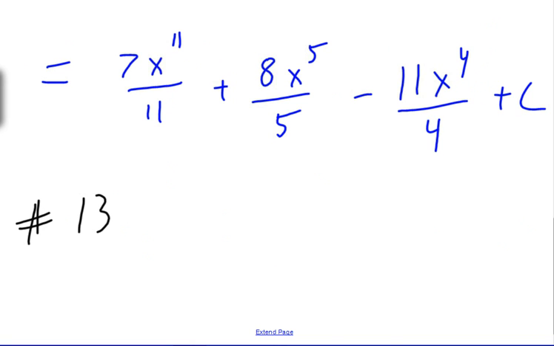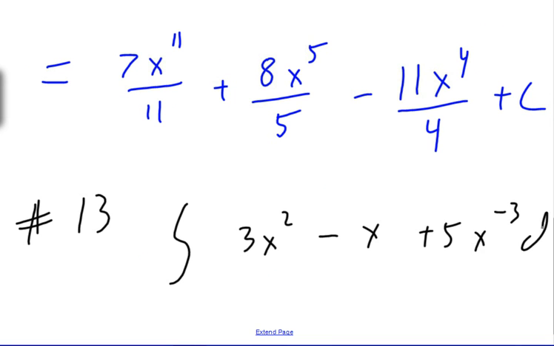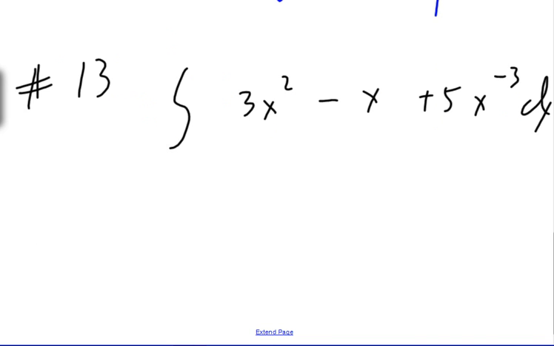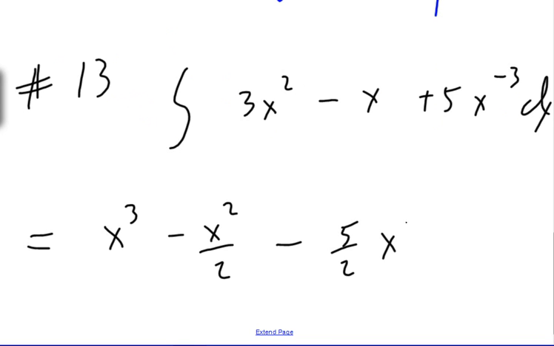13. Integral of 3x squared minus x plus 5x to the minus 3. And so I'm going to have x cubed minus x squared over 2 minus 5 over 2 x to the minus 2 plus c.